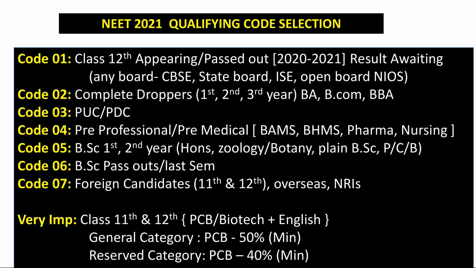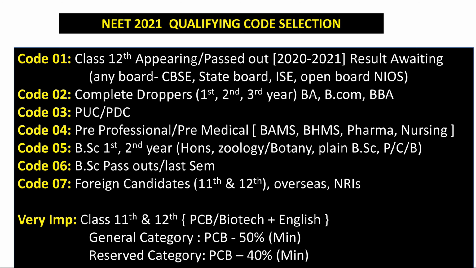Okay. Code 07 is for foreign candidates, or foreign students who have done their 11th and 12th abroad, and are opting for further studies in India and want to take the examination over here.